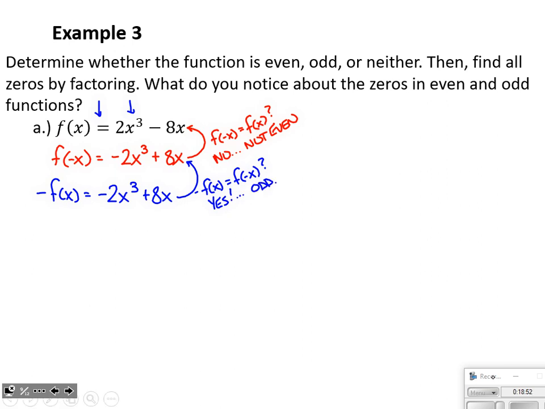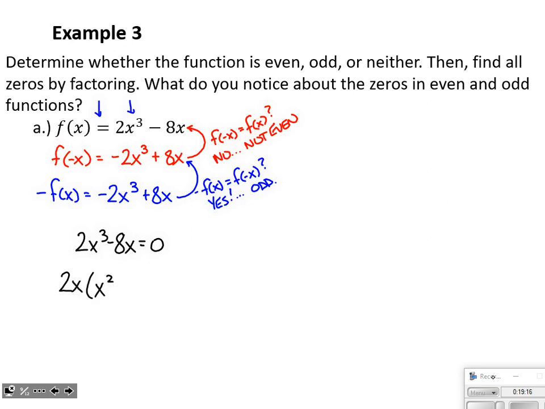So with this odd function, we're going to find the zeros using our factoring techniques. So 2x to the third minus 8x, where would that equal 0? I know it's a third degree, so I should have 3 zeros showing up. Here I can take a GCF, we should always look for that first, of 2 out. I get x squared minus 4.